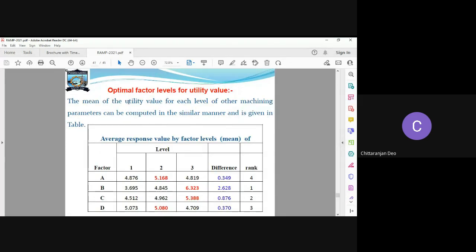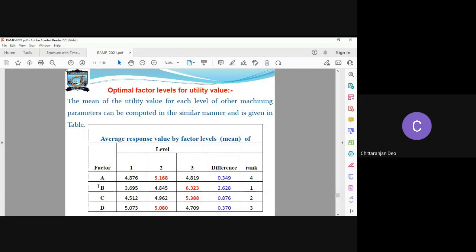Then the optimal factor levels of the utility value. Again, we are performing the ANOVA and evaluating the rank, and we are getting that factor A is rank 4, B is rank 1, C is rank 2, and D is rank 3.